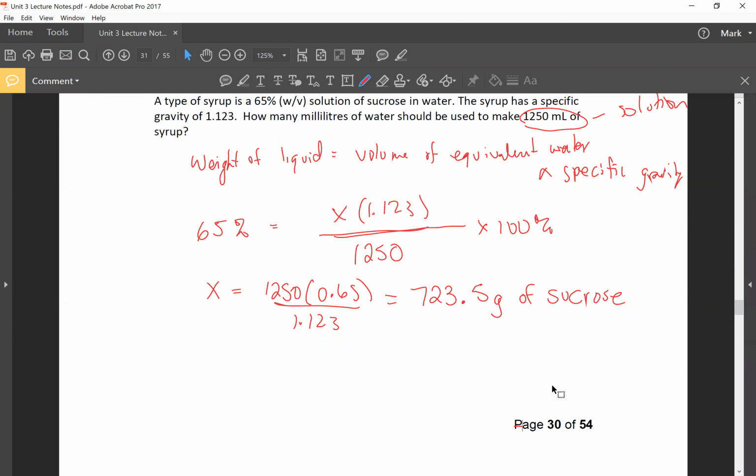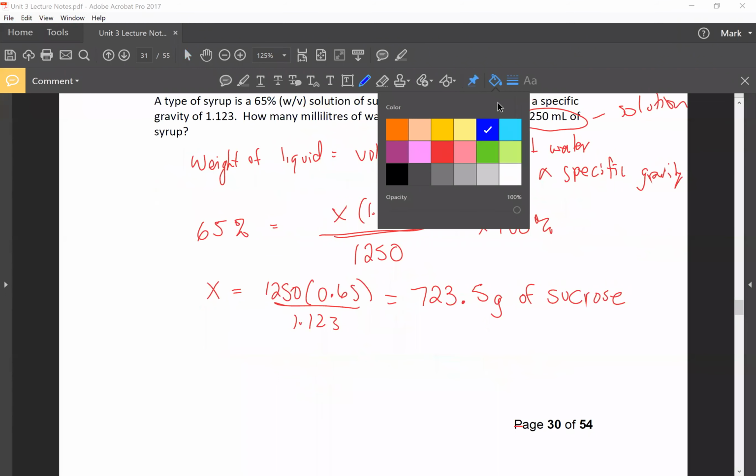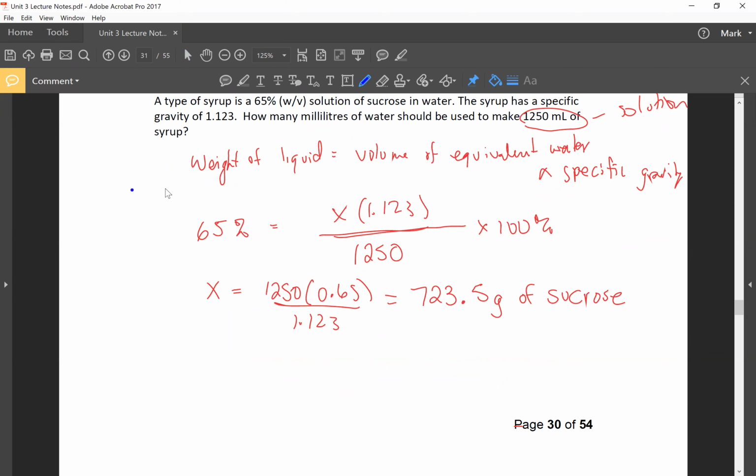Okay, I'm still not done this question. I'm actually not even close to being done. Well, I'm about halfway, because now what I need to figure out is how many milliliters of water should be added. And now I have grams of this sucrose.